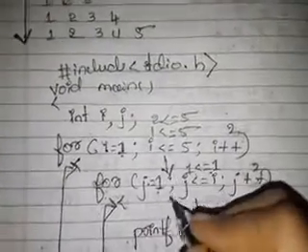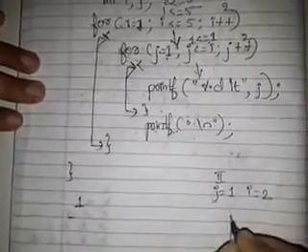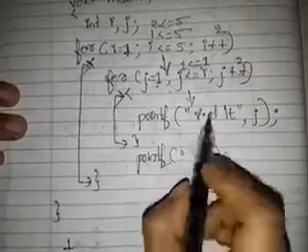Where exactly does the control have to go now? i plus plus. The value of i has to become 2. 2 less than or equal to 5. Yes, it is true. As it is true, it will come inside. Okay, j is equal to 1. Better I'll write the second iteration here. j is equal to 1 and i is equal to 2. 1 is less than or equal to 2. True or false? Yes, it is true. So come inside.